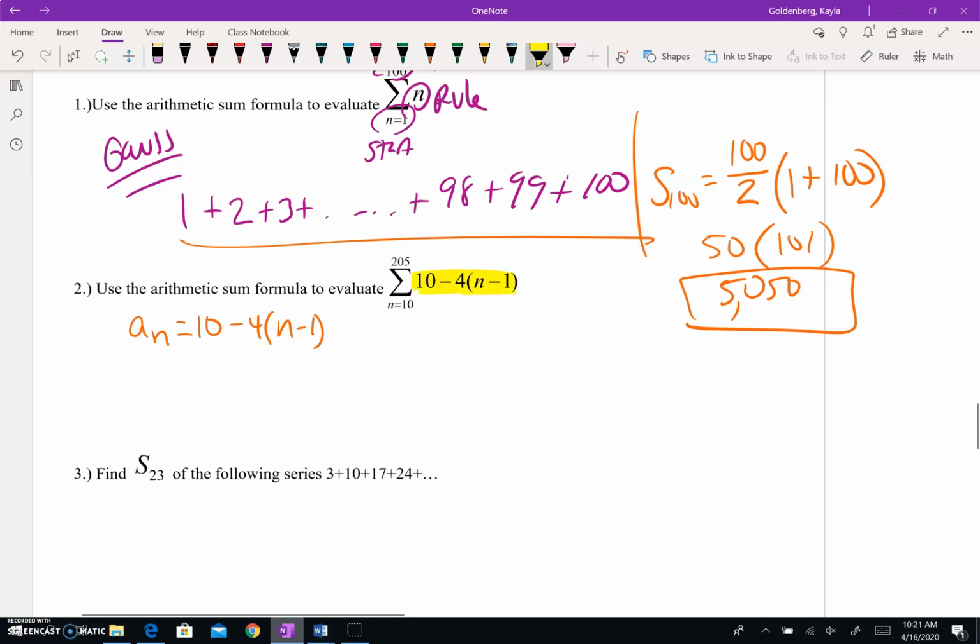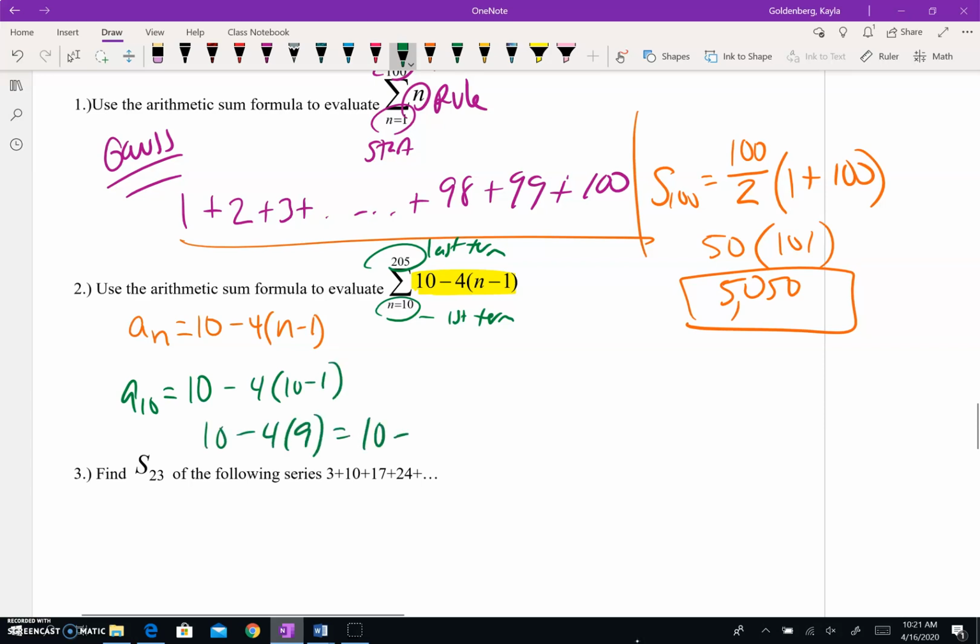But this is written in the general formula. So we've got our rule. We know that we have to go from the 10th term to the 205th term. So I'm going to find the 10th term, because that's like my first term, per se, and then the 205th term is my last term. So this one's different because it's not just the 10. You want to start with the 10th term.